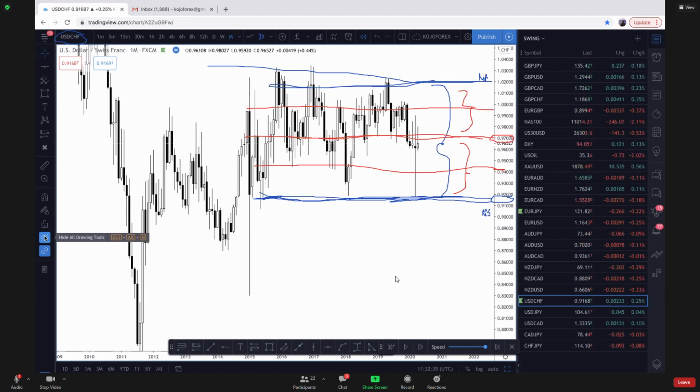Now let's look at the reasoning behind that. If you look at this, you can clearly see that when I chose a monthly support of 0.9200, you may want to ask yourself, why did the market decide to tap exactly on 0.9200 and then reverse? These are footprints of big players, or footprints of institutional traders, right?